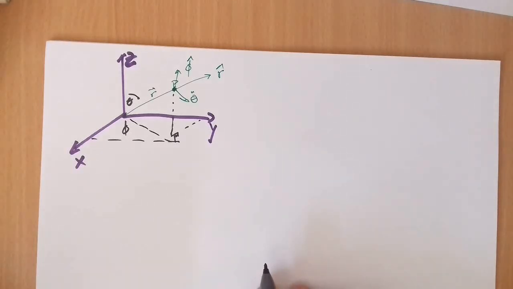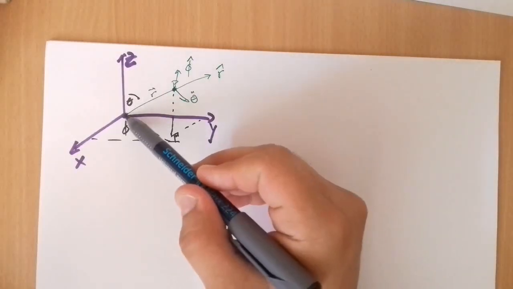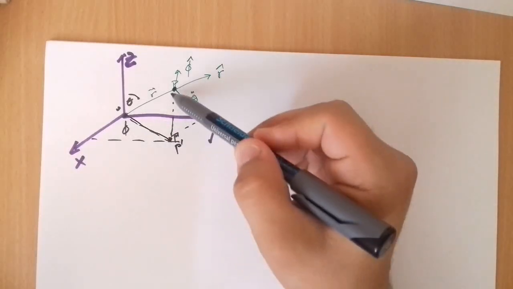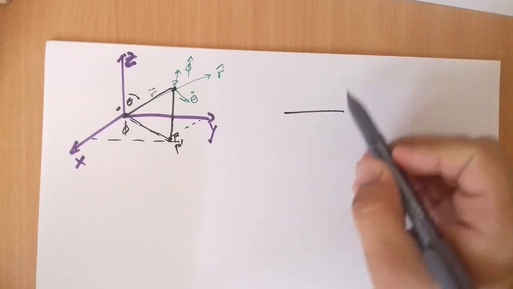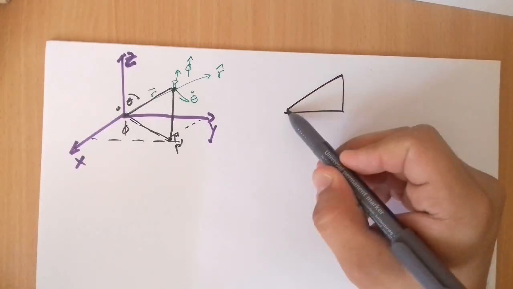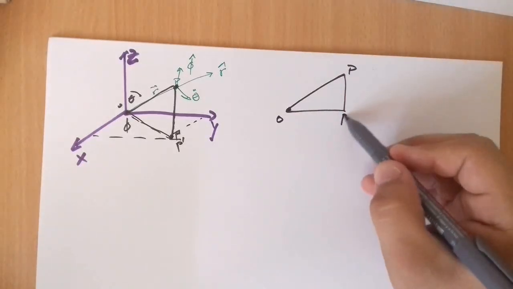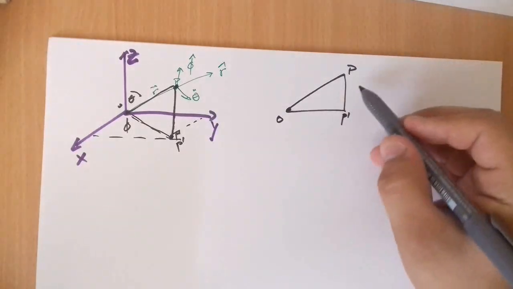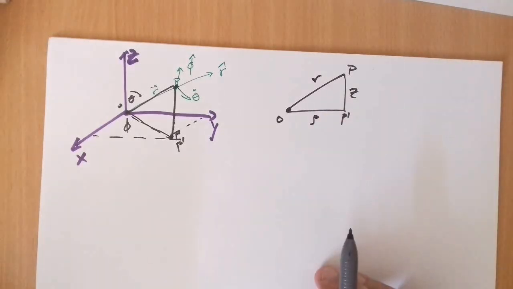First of all, I'm going to introduce this triangle here, O P P prime. This is OP, so this is OP P prime. This one is Z, this one is R, and this one is rho also.